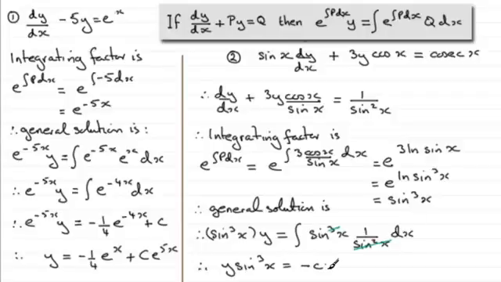So we get minus cos x, and then don't forget the constant of integration, which we'll say is plus c. So there's our general solution, and you could change this around to give anything that's equivalent, but I'm going to leave it like that.